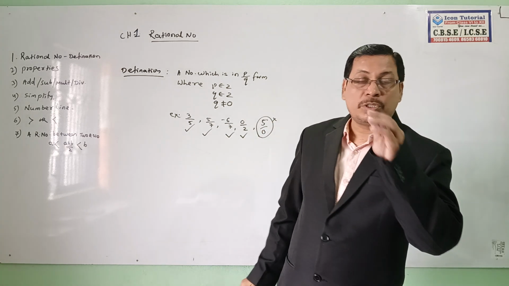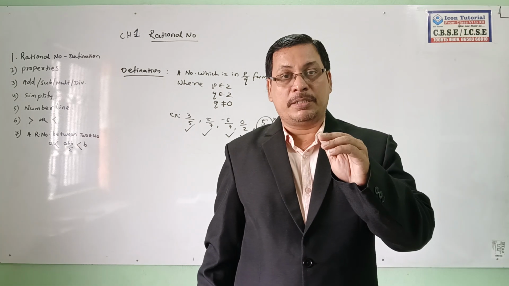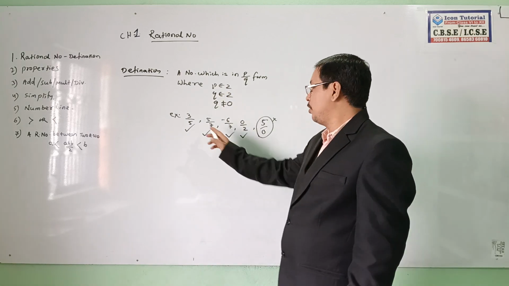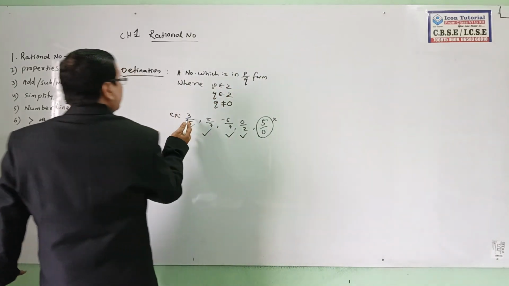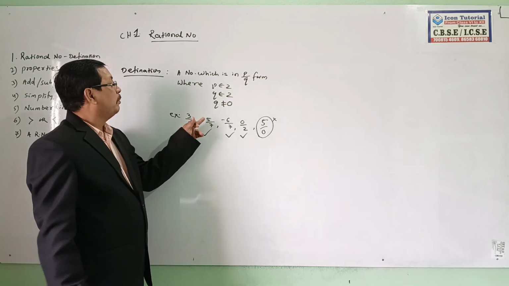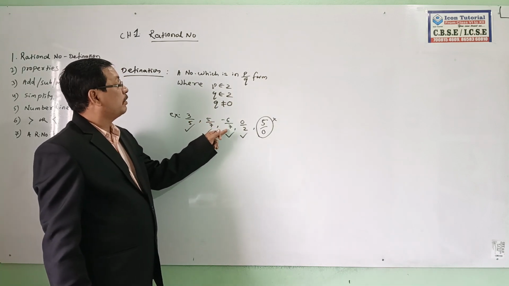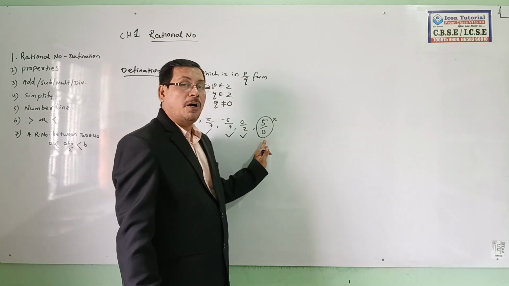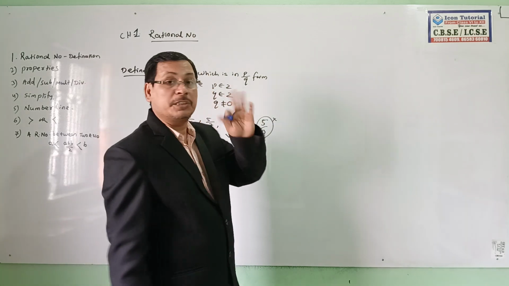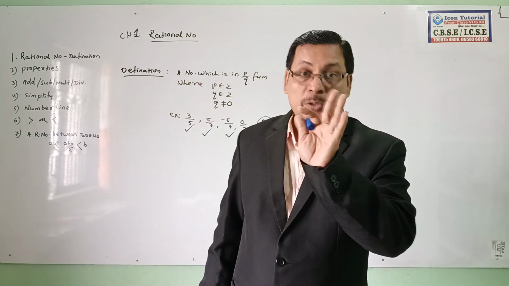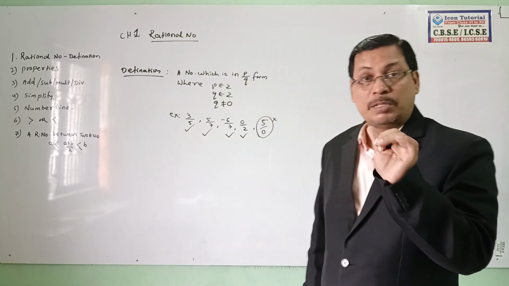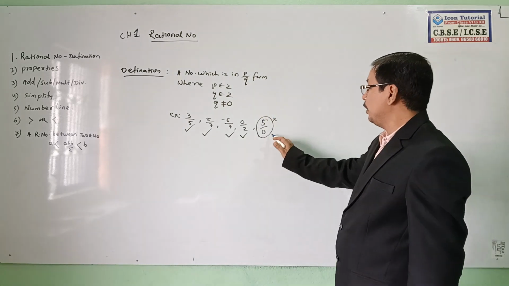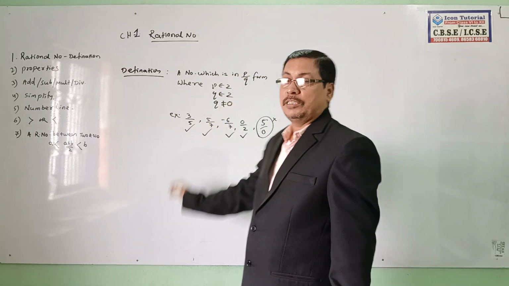Both numerator and denominator should be integers. 3 is an integer, 5, 7, 6, 0 and 2 are integers. The denominator should not be zero, so then only it is called a rational number.